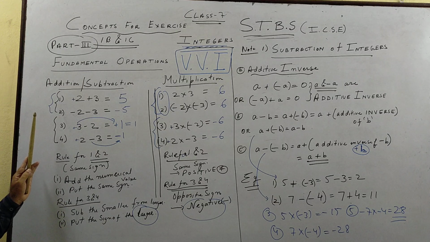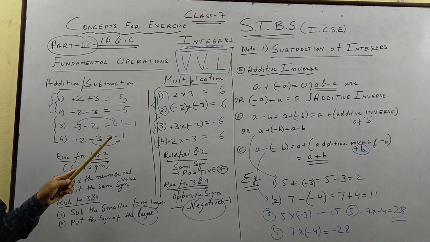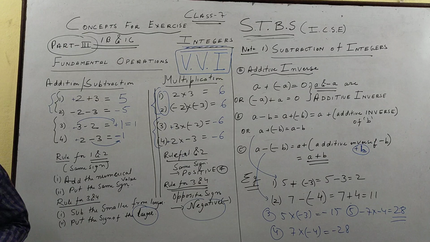And the second part also is very important, where I'll teach you multiplication again, the small table with example, and division of integers. Okay, so I hope you have paused and copied down.